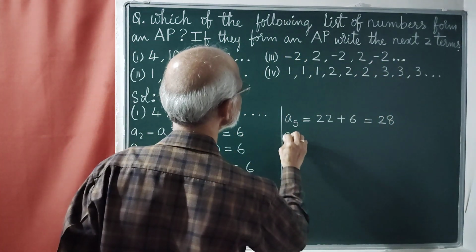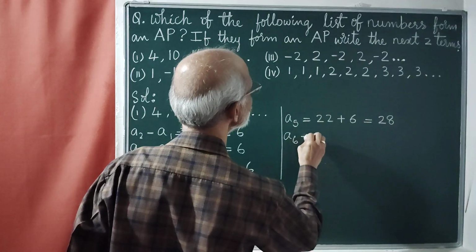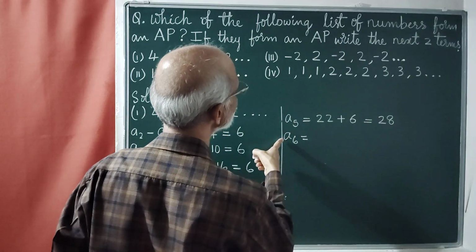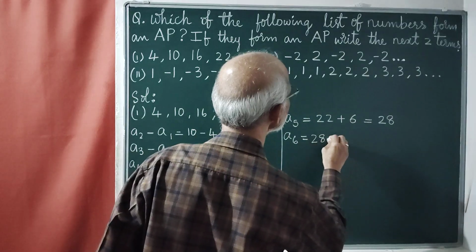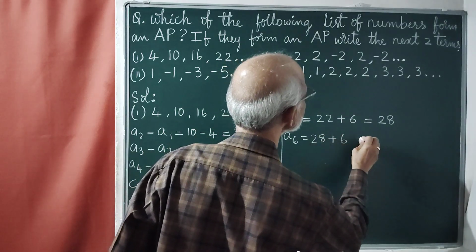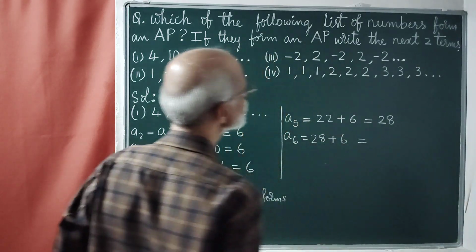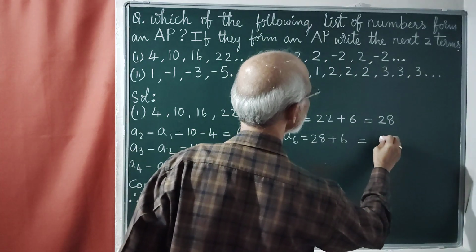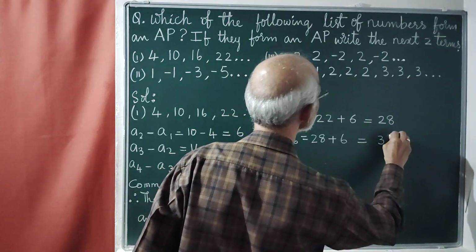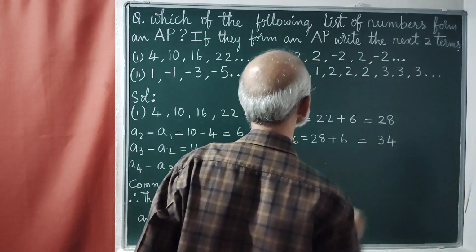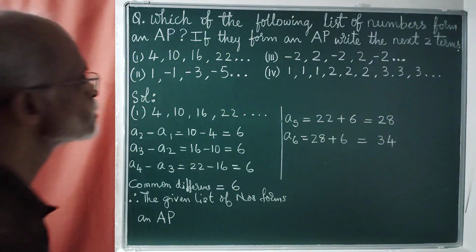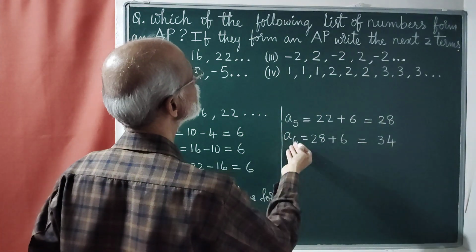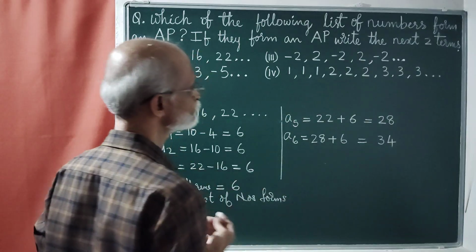Then A6, again to A5 add the common difference, 28 plus 6, 34. So the next two terms are A5 and A6.